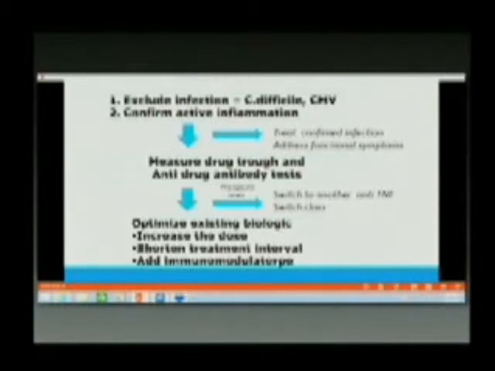If the drug levels are low, then you optimize it by either increasing the dose of the drug, or you shorten the interval at which you give it, or, if you haven't started immunomodulator therapy, give immunomodulators.